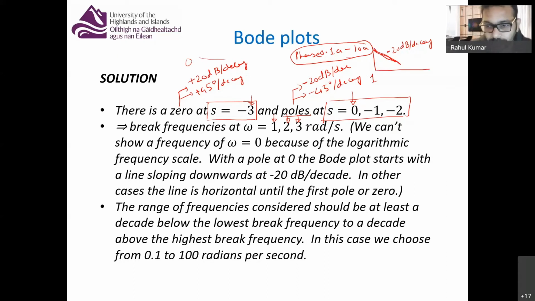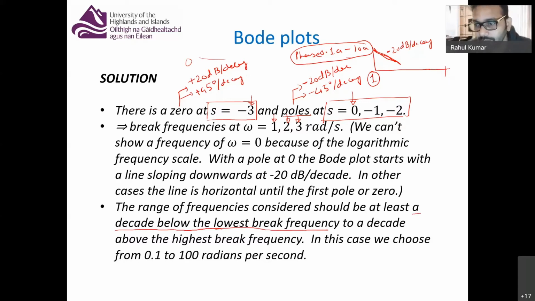The next thing we have to choose is the range, right? From where we will start and up to which frequency we have to consider the Bode plot. Generally, we consider a decade below the lowest break frequency.